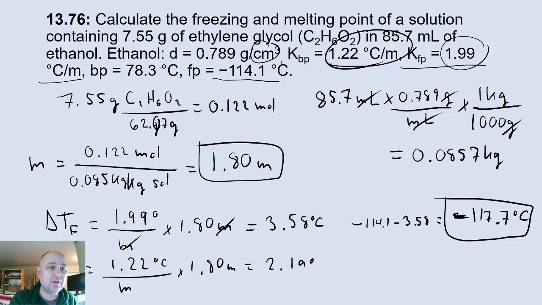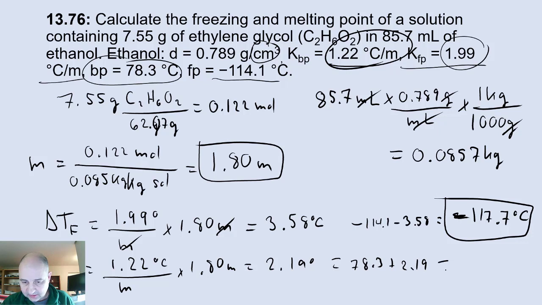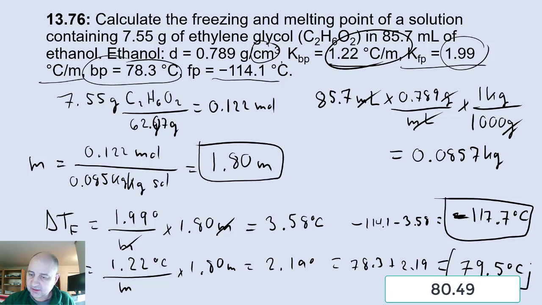We are also given the boiling point of pure ethanol. We add that to it, so 78.3 plus 2.19 gives us a new boiling point of 79.5 degrees Celsius.